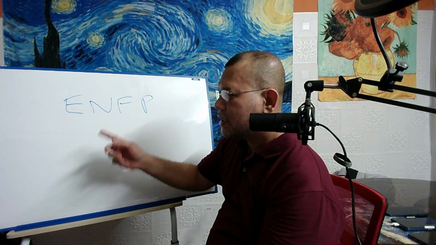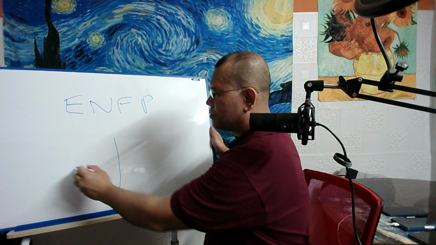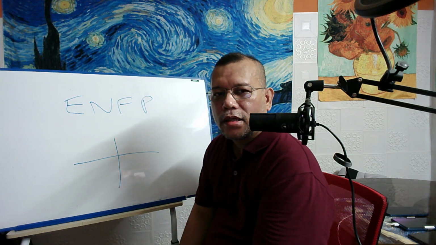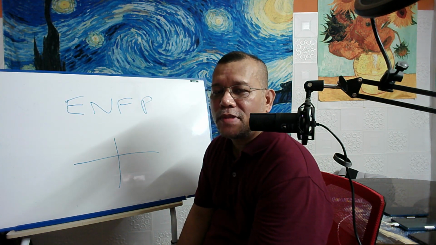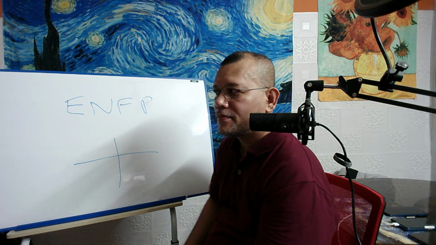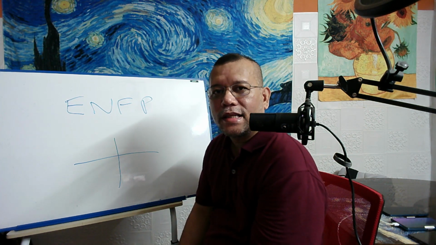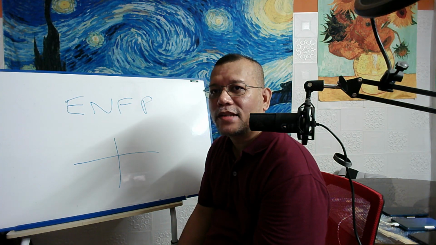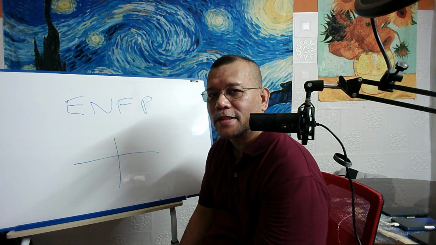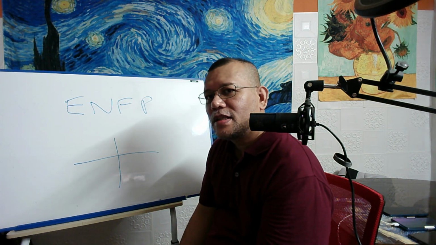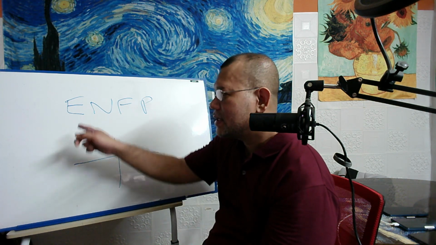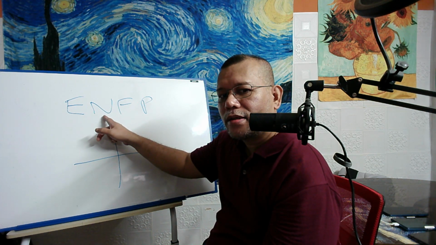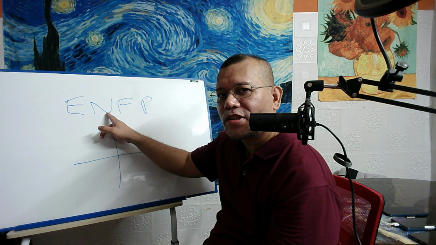Looking at the code again, the first letter is E, which means that this type is an extroverted type. The last letter is a P, which means that the extroverted function is a perceiving function. A perceiving function is the second slot. Always remember that the second letter is a perceiving function.